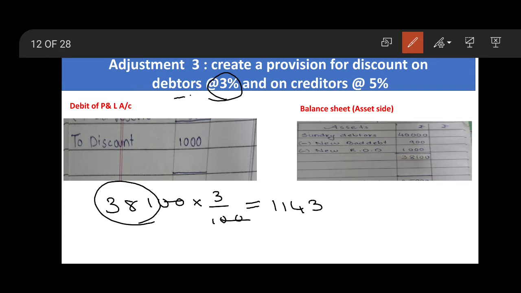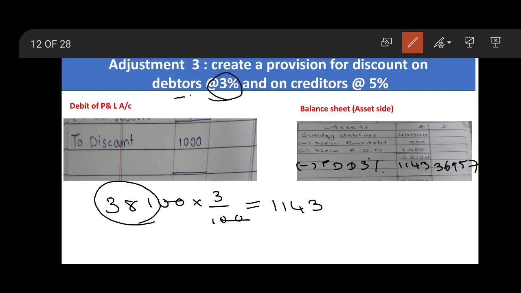This 1143 you will deduct from here, less provision for discount on debtors at 3%. So 1143. Okay, deduct this amount and see what you get. 36,957 you will get.